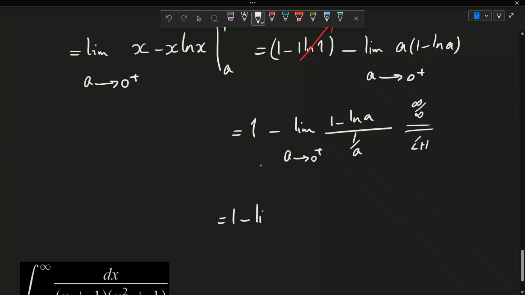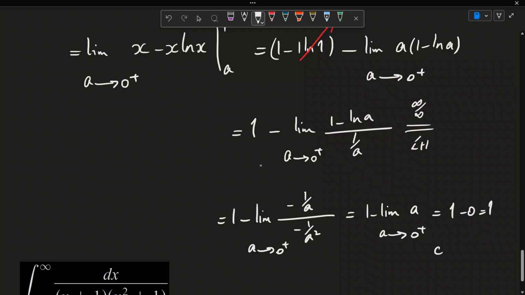One minus the limit: derivative of 1 is 0, derivative of ln a is 1 over a, minus 1 over a, derivative of 1 over a is minus 1 over a squared, as a approaches 0 from the positive side. And if we simplify, it is only a, and with a approaching 0, this is still 0, so this is convergent.